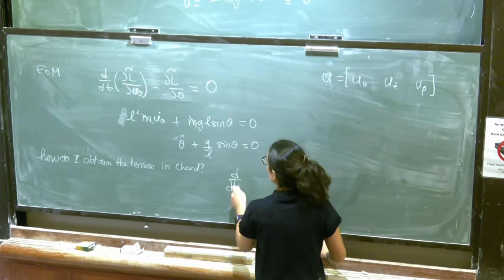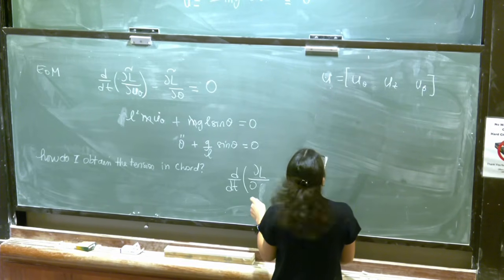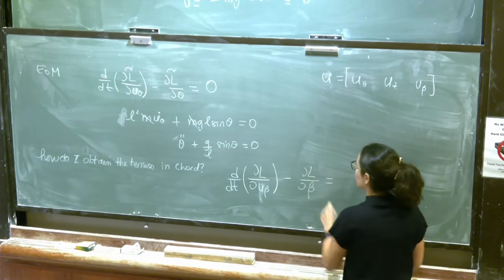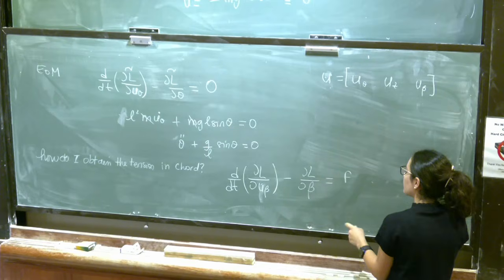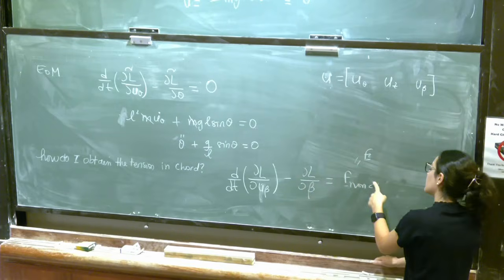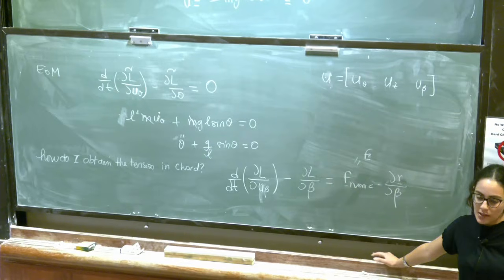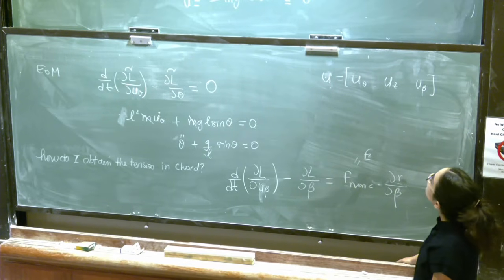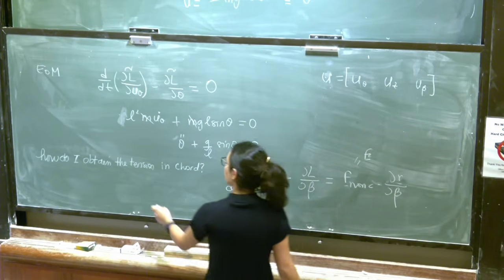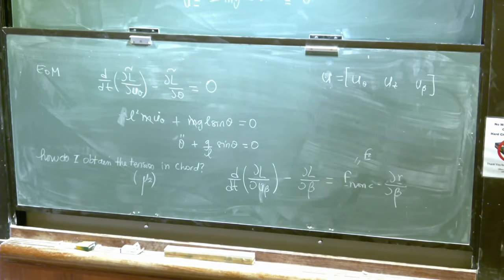So d by dt of del L by del U beta, minus del L by del beta, equals F non-conservative, which here is going to be F constrained dotted with del R by del beta. This will give me an equation for the tension force. Does that make sense?